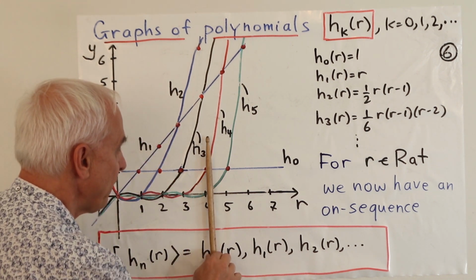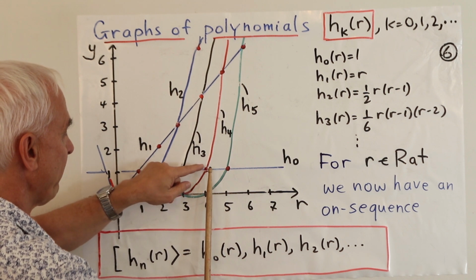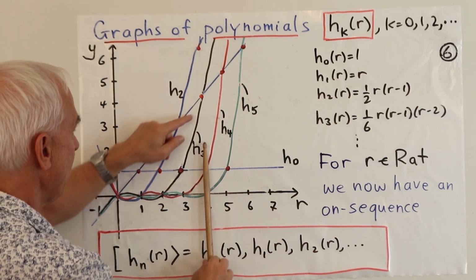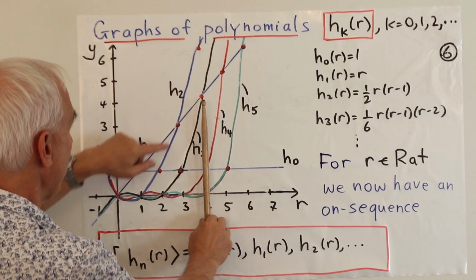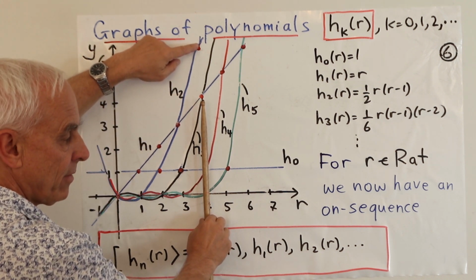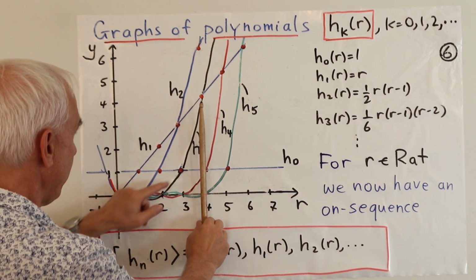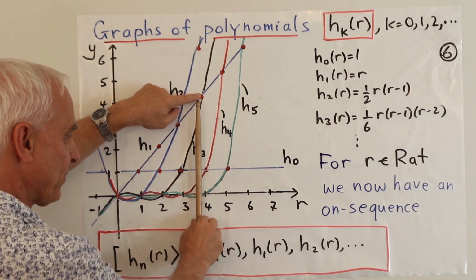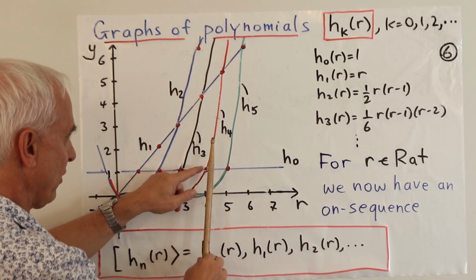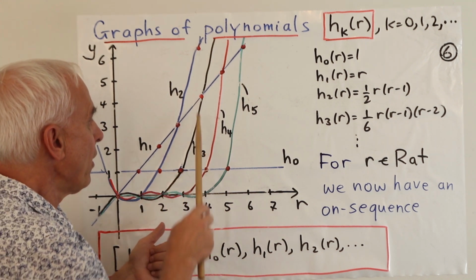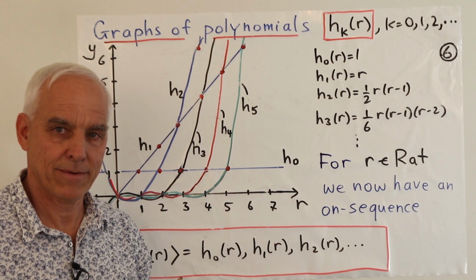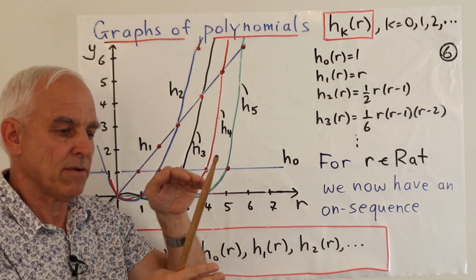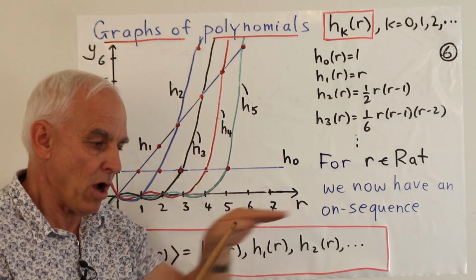If we look at the values at 4, h0 will have a value of 1, h1 will have a value of 4, h2, which is the parabola, will have a value of 6. h3, which is the black one, has a value of 4 again. And then h4 has a value of 1. So we get 1, 4, 6, 4, 1. Those are the discrete values that appear along the rows.